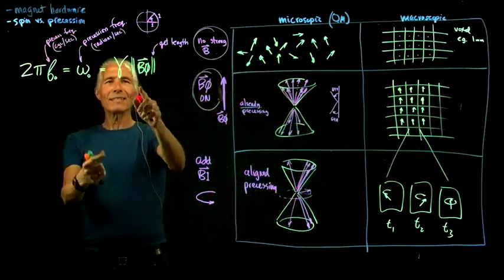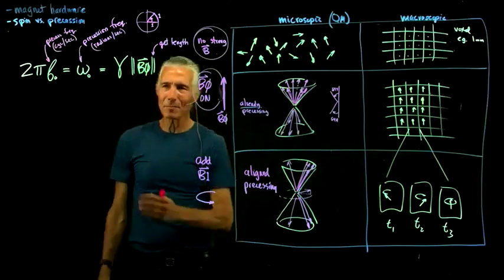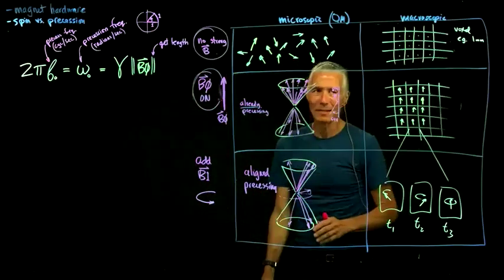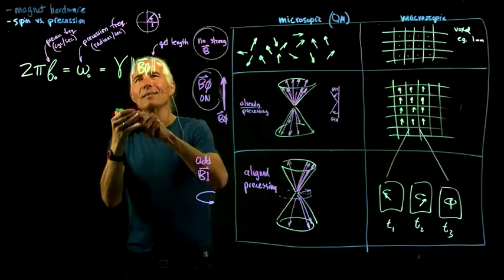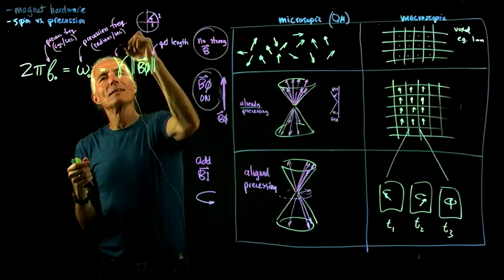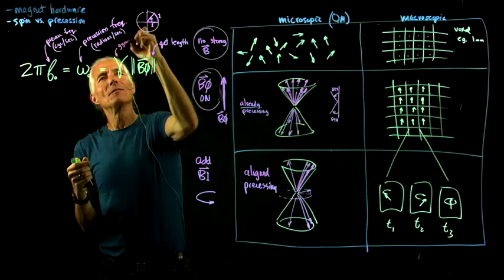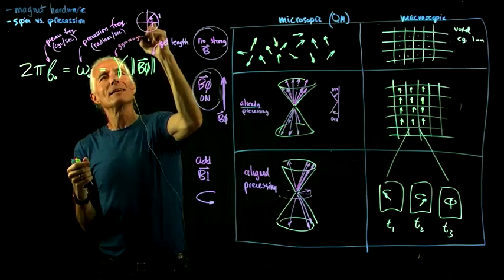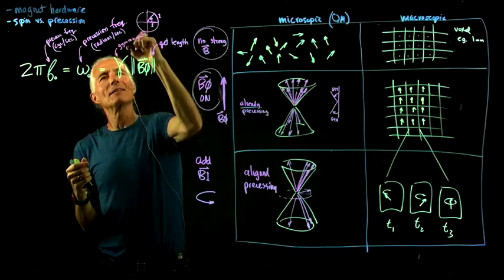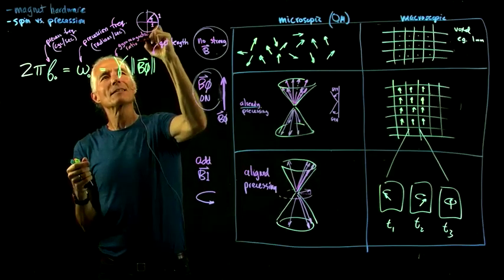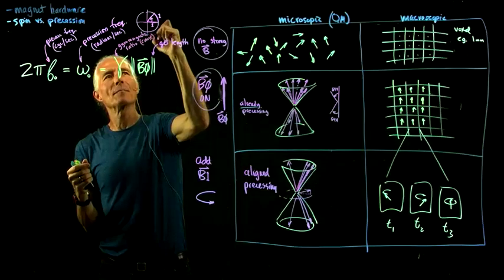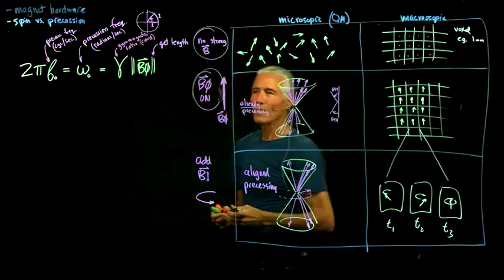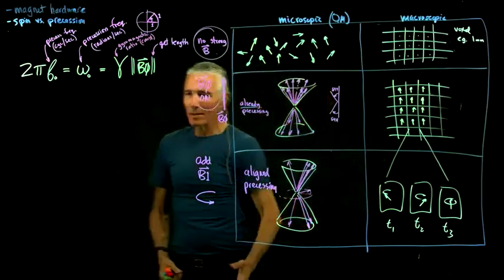But look at how easy this equation is. This equation is incredibly easy. It's way easier than a top. So this guy's a constant. This one's the gyromagnetic ratio. That's constant for a particular kind of atom. So this is an incredibly simple equation.